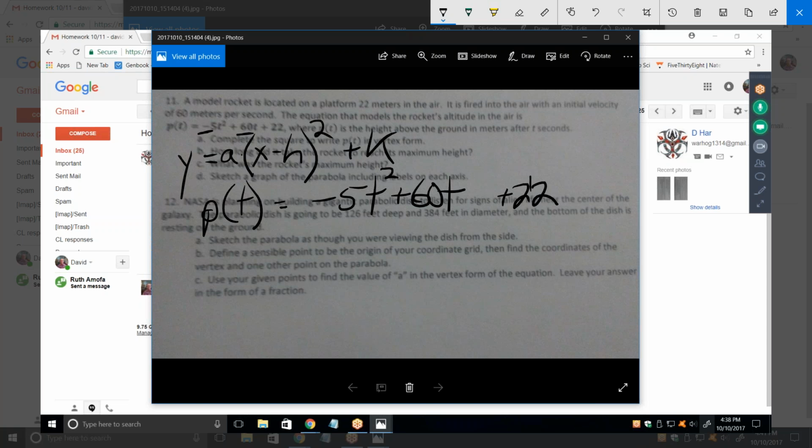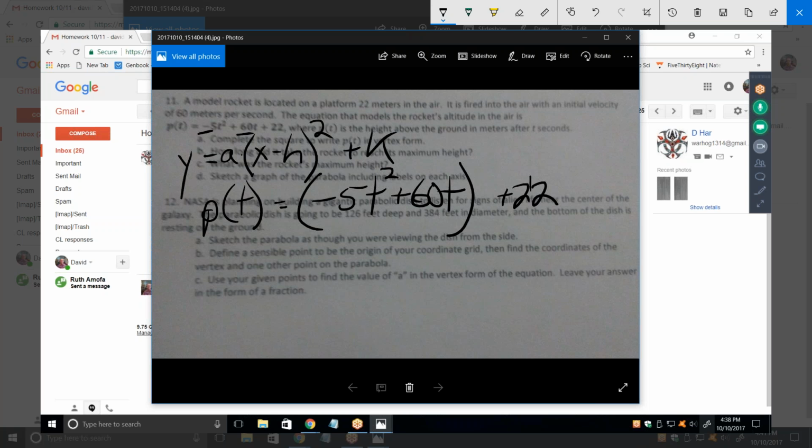In other words, this quadratic they gave me is in standard format. It's not in vertex format. So we have to convert it to vertex format by making it look like the vertex format. So we set the k, which may not be 22, but it's the number for the moment. We want to put parentheses around everything that's got the t.